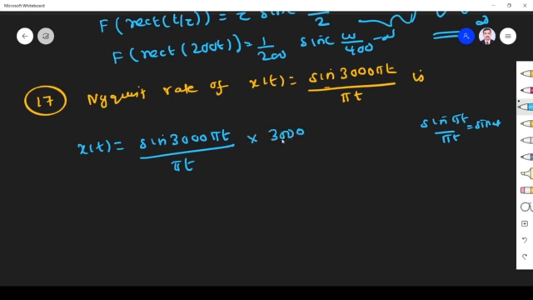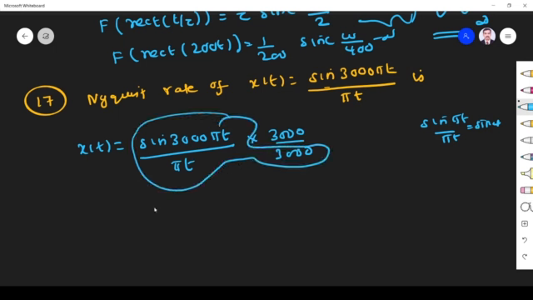Then only it will be sin 3000 pi t divided by 3000 pi t, so it becomes 3000 sinc 3000 pi t. This is my x of t.